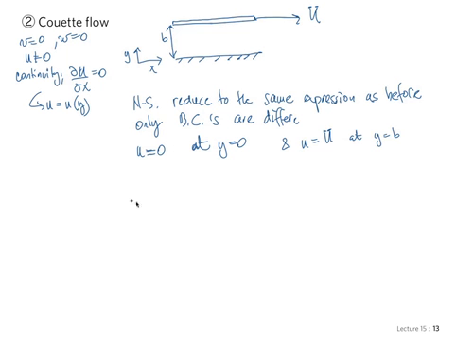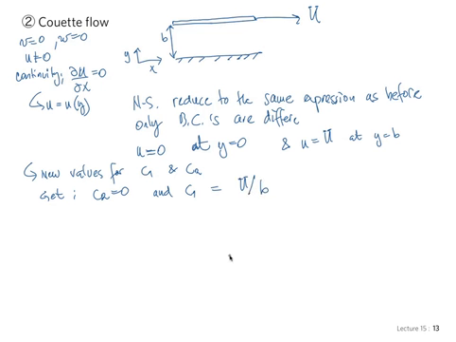So now, with the same equations that we had before, we get new values for the constants of integration from these different boundary conditions. And they are C2 equal to 0 and C1 equal to U, the capital U, the velocity of the plate, divided by b.